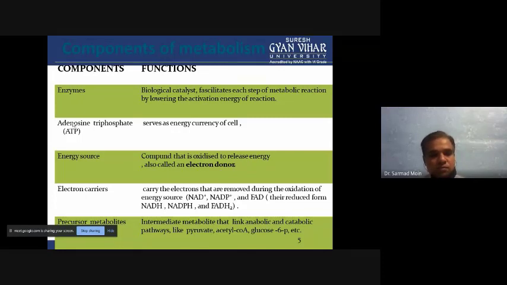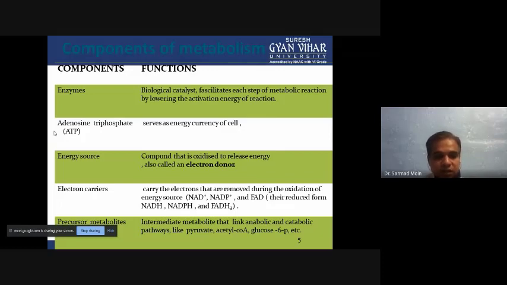Then precursor metabolites. These precursor metabolites link the anabolic and catabolic pathways. They provide the substrate for the enzyme, which will be utilized to form a product. So at the end, the product is formed from the precursor molecules only.